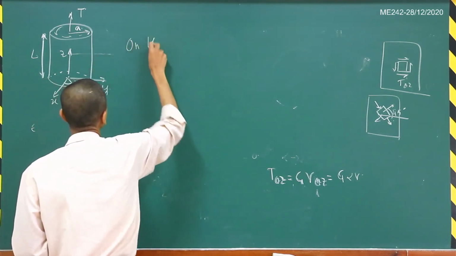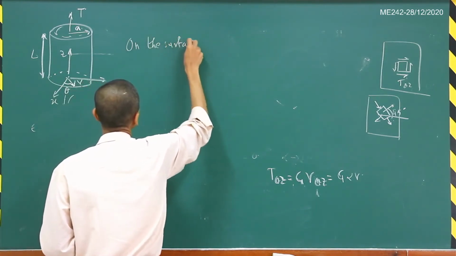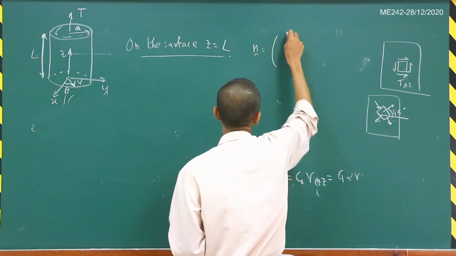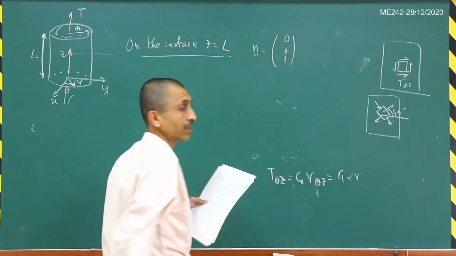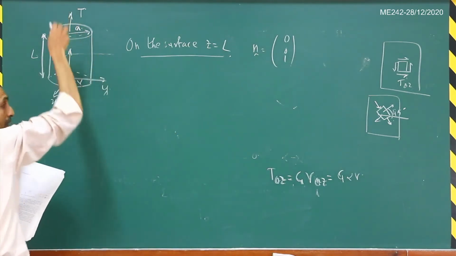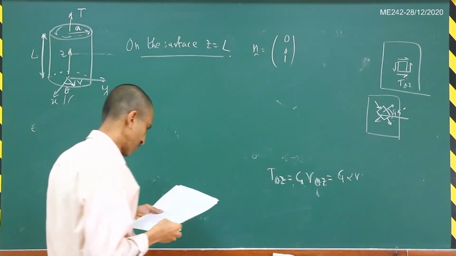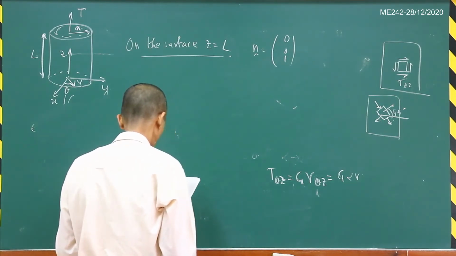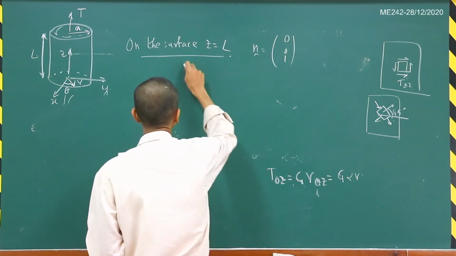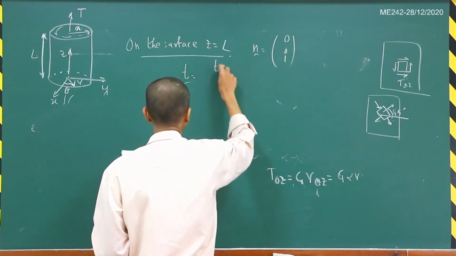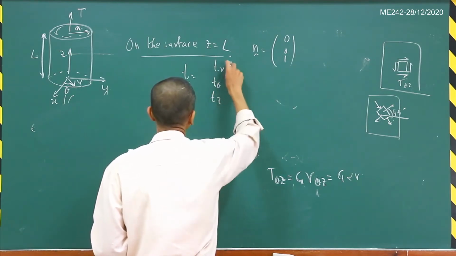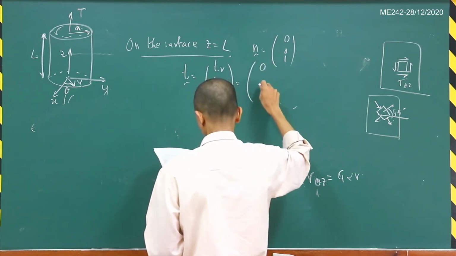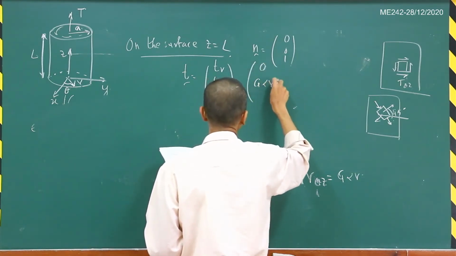So on the surface z is equal to L, your normal is equal to 0, 0, 1. Correct? That is along the z direction, and so the traction vector there, t, is equal to t_r, t_theta, t_z, that is equal to 0, then G alpha r, and 0.